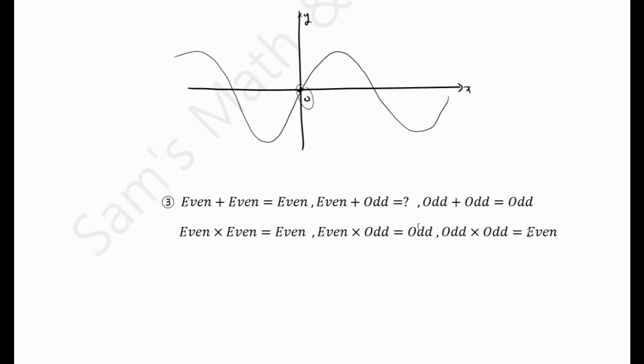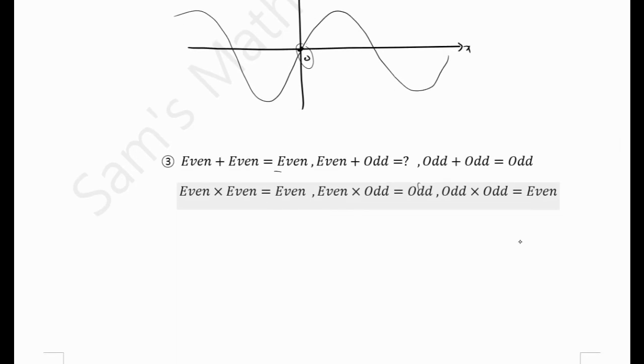How about adding even and odd functions, and multiplying even and even, odd and odd? We don't need to memorize this. We can just input very simple functions. For example, for even functions, we input x squared; 2x squared is also an even function. x squared plus x, we don't know if it is even or odd. Odd plus odd, we can input just x and x; 2x is an odd function.